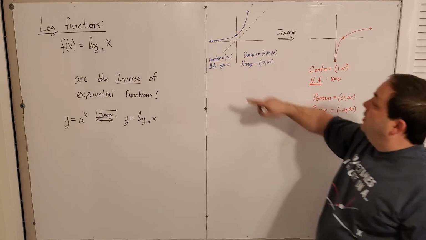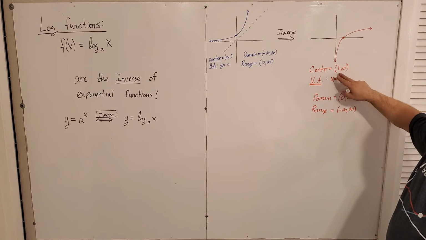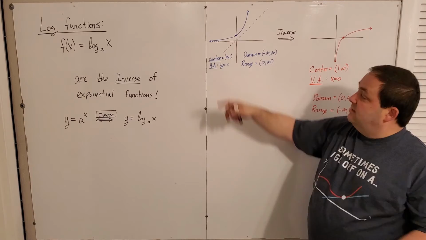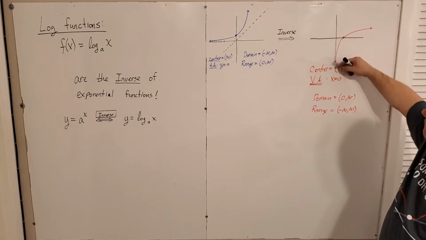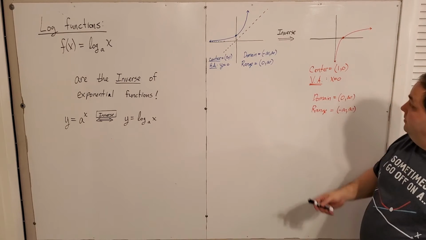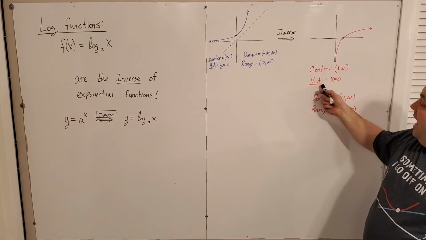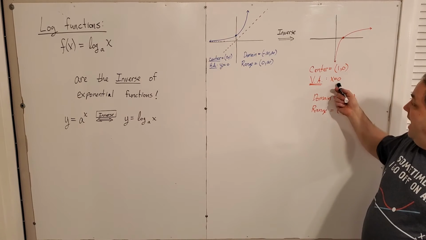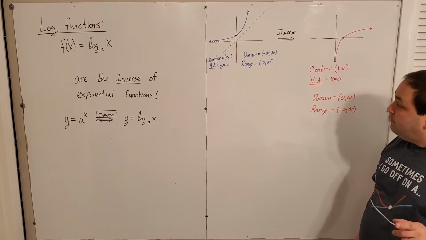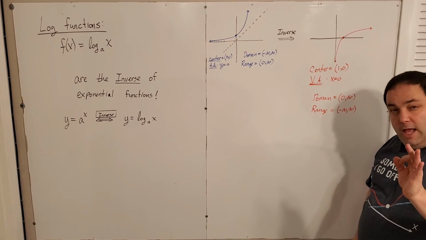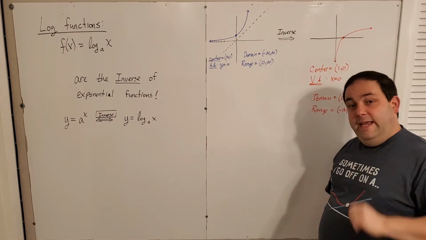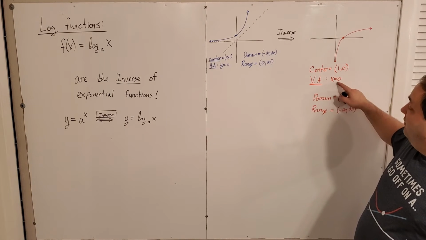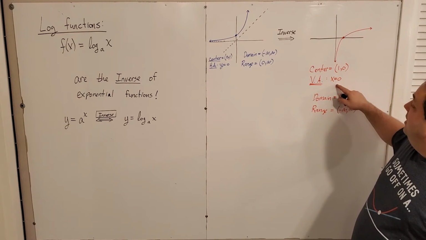Instead of 0, 1 as my center, the center for a logarithmic function is 1, 0. Instead of a horizontal asymptote, it flips over from here to here, and I now have a vertical asymptote. Important: logarithm functions have a vertical asymptote at 0. Remember from last chapter, vertical asymptotes occur because of some sort of undefined. And we've already hit that. The logarithm of 0, no matter what the base is, is going to be undefined.